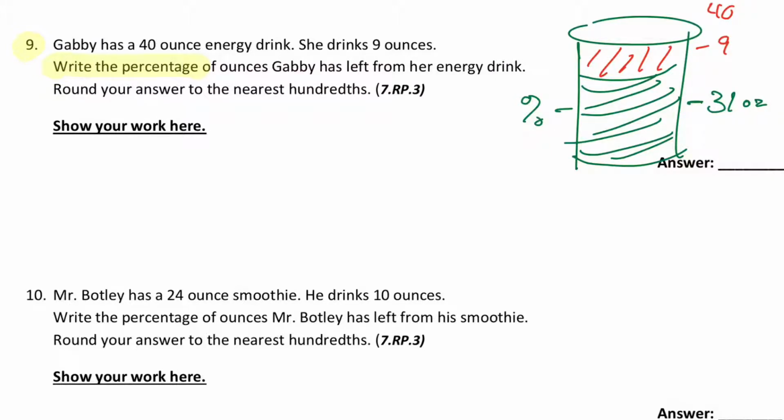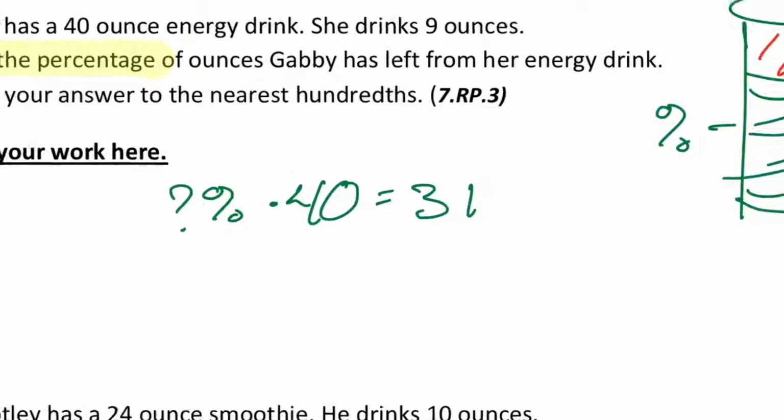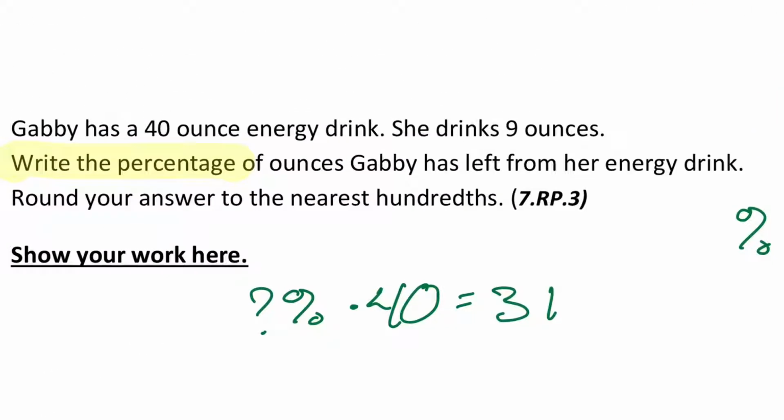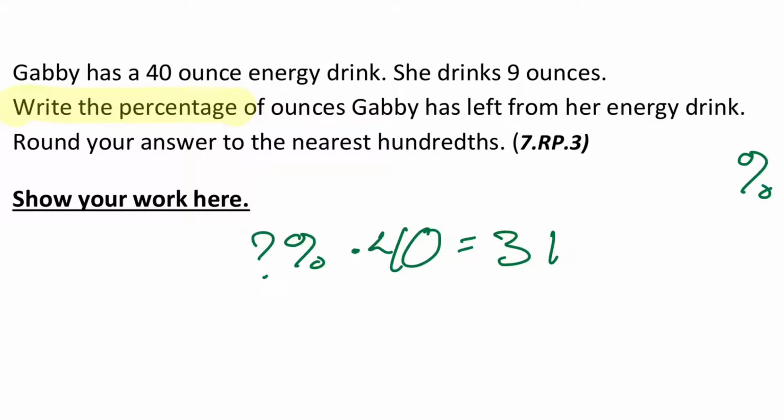So let's go back to our percent formula. We're missing the percent of 40 ounces that is 31 ounces, the part. They're asking us, what percent of her drink is this part? So again, we're going to use a little bit of algebra.